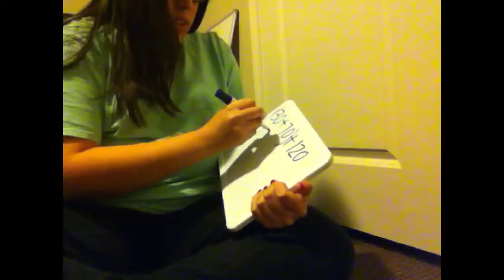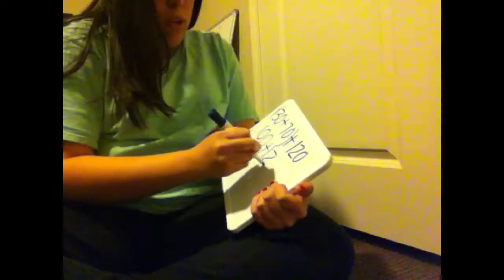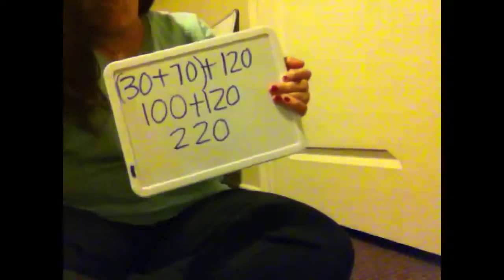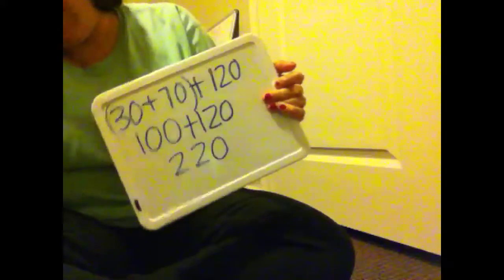So, let's group together the 30 and the 70. That gives us 100 plus 120, and that gives us 220. So that's just an easier way that we can group together our numbers and make our addition a little less stressful with 3 numbers.